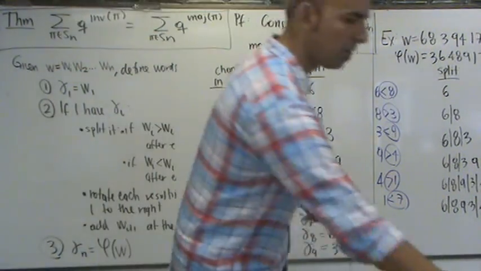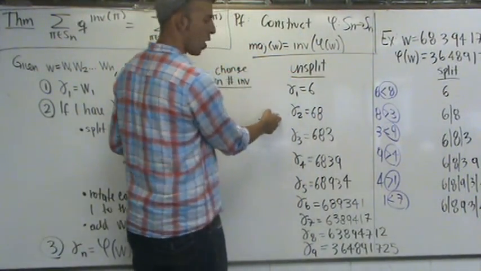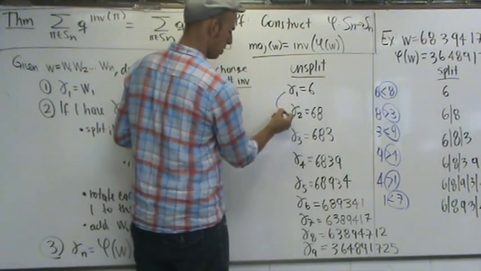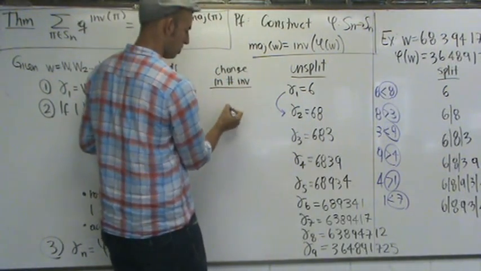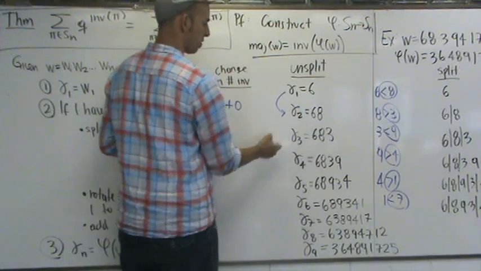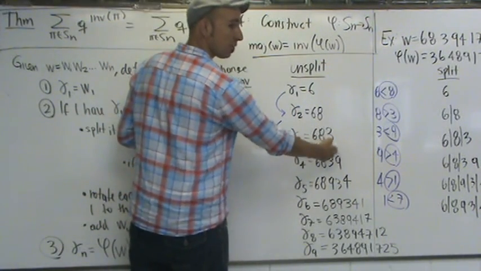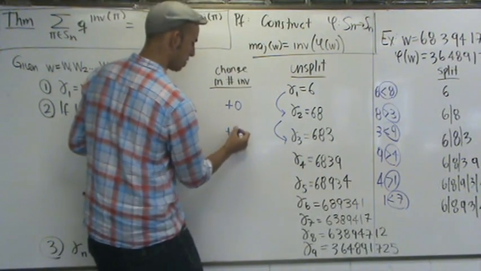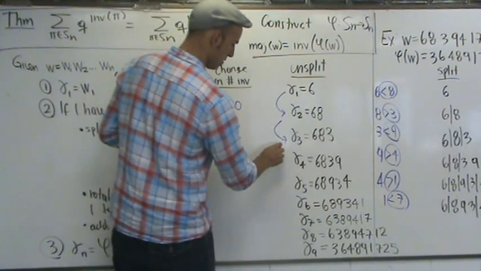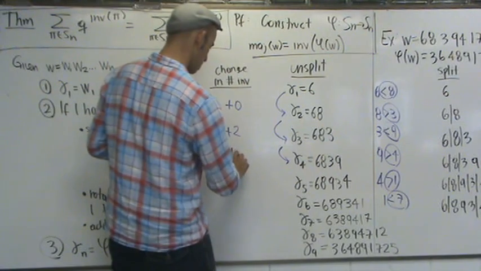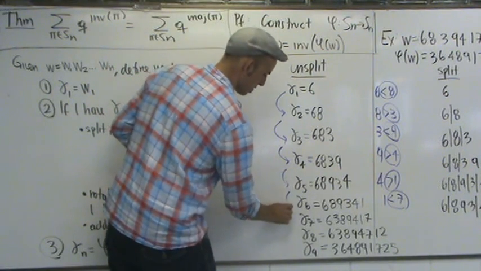So for example, from here to here, how many new inversions do I have? None. From 0 to 0. From here to here, I have 6, 3 and 8, 3. So I have 2 new inversions. From here to here, I have none. And so on.